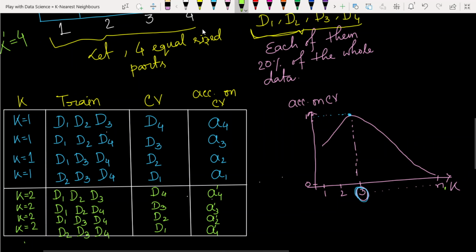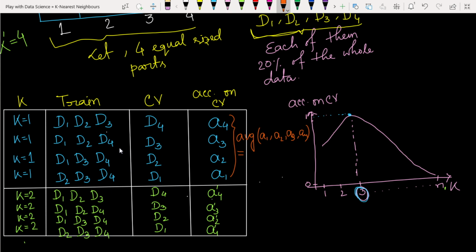So how do we find this single value? We simply take the average of these four values, a1, a2, a3 and a4.